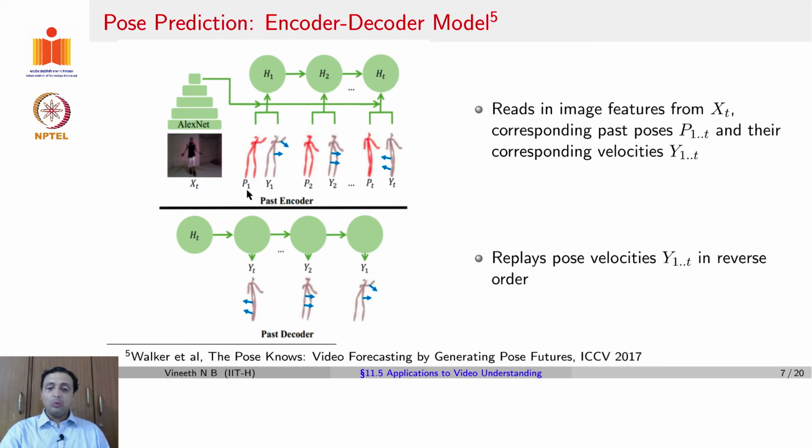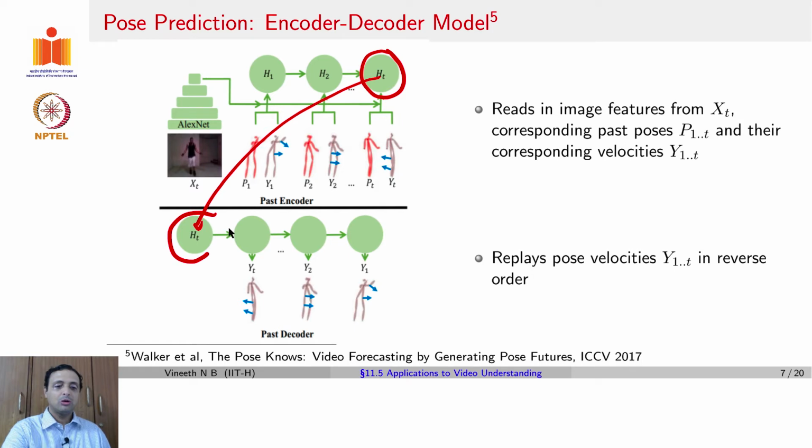And the output here is the decoder, which replays the pose velocities in reverse order. So given the output of the encoder, which is ht, the decoder now tries to predict yt to y1, which are the pose velocities in reverse order. What do we do with this?